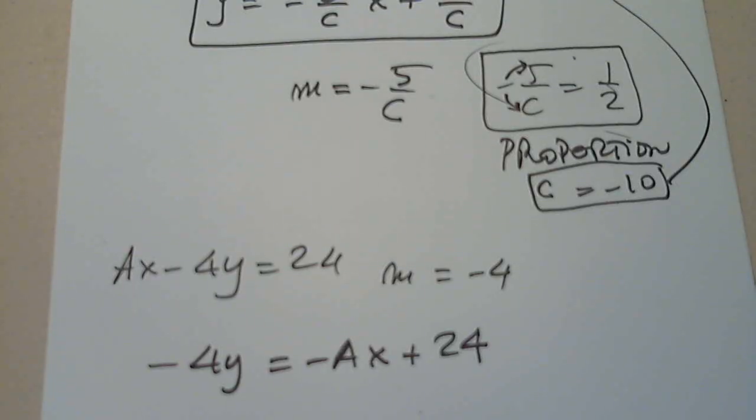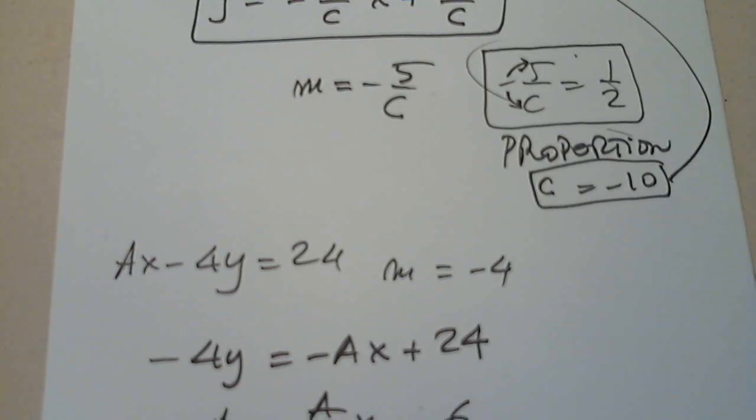Now what will be the next step? Alan, will you tell us what is the next step? Divide both sides by? Negative 4. Excellent. So y equals a over 4 x minus 6.